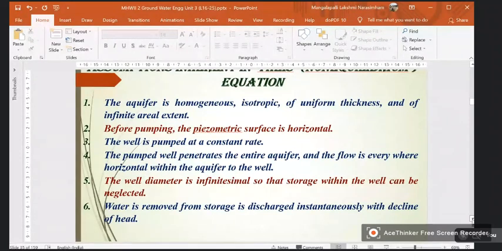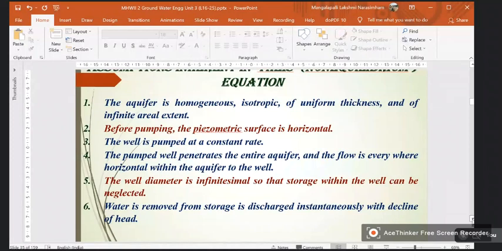So, unless we consider the aquifer to be isotropic, we cannot eliminate the parameters associated with Kx, Ky, Kz and equate all of them to K. So, that is one assumption. Homogeneous means, in fact, first the requirement is homogeneous, then isotropic.